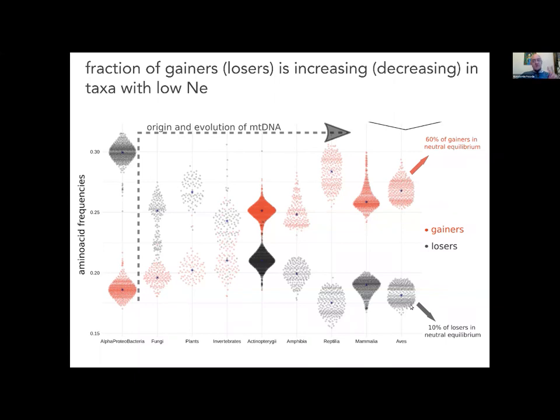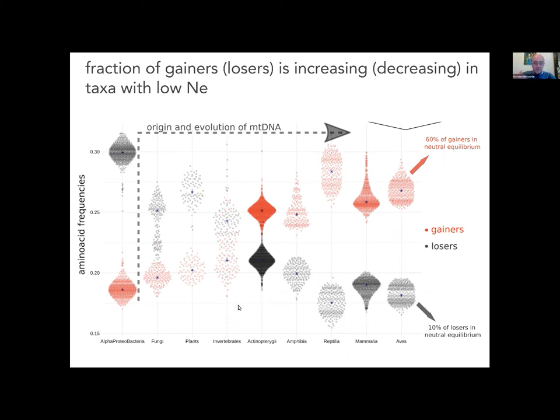So there are two explanations for this global trend, which are non-mutually exclusive. When we move from bacteria, fungi, plants, invertebrates, vertebrates, from left to right, we decrease effective population size. So the highest effective population size is in bacteria, intermediate in fungi, plants, and invertebrates, and the smallest effective population size in vertebrates.